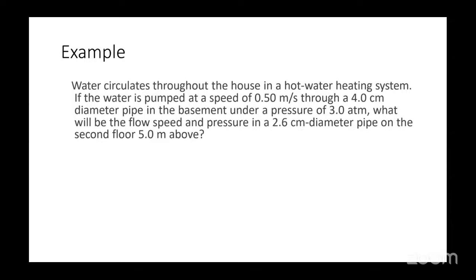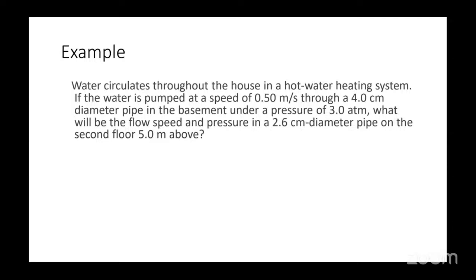Now this is happening in the basement. Since the basement is mentioned, we take that basement as a reference point to be 0, under a pressure of 3.0 atmospheres. So P1 there is 3.0 atmospheres.